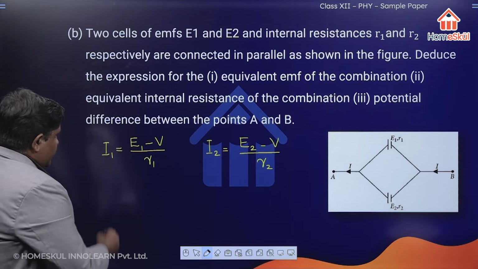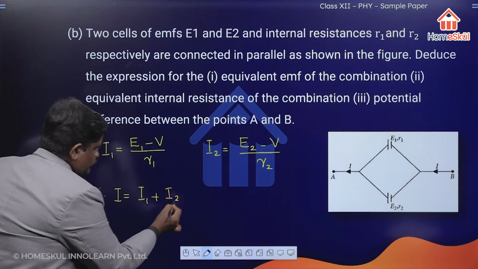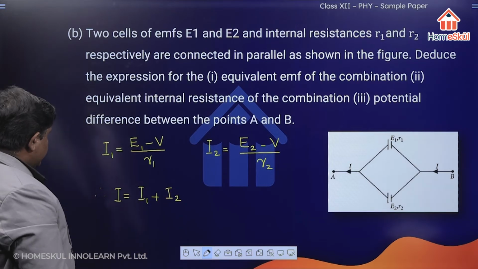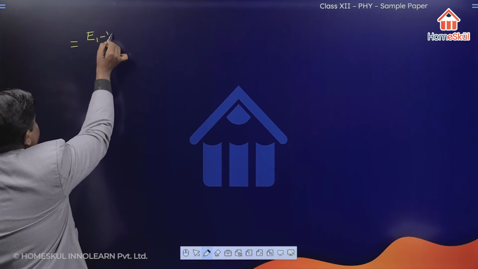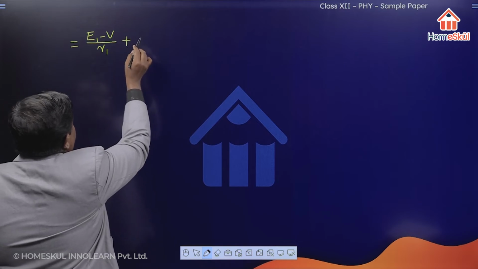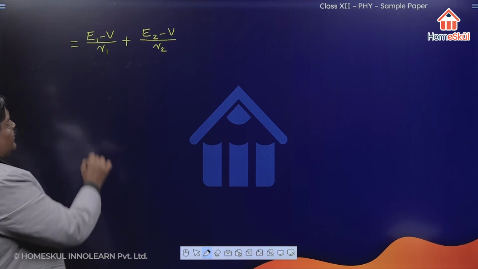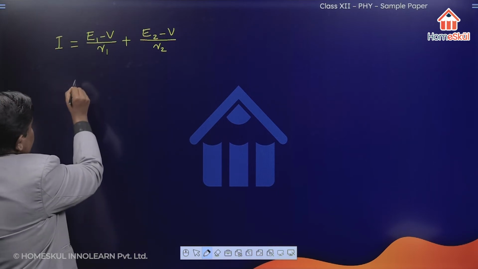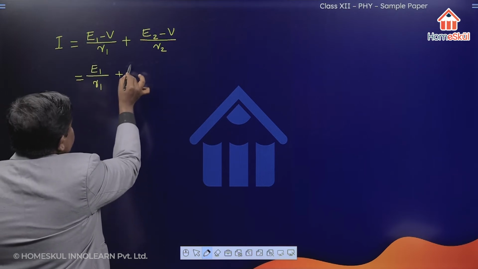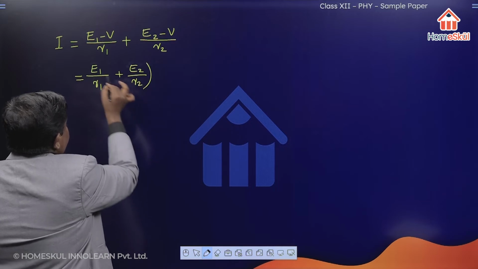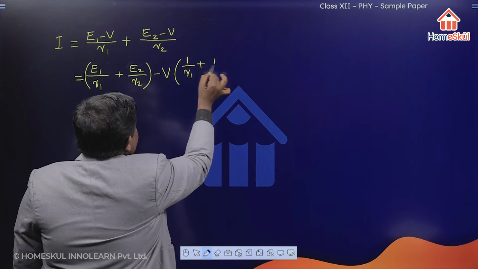Now the total current I is equal to I1 plus I2, isn't it? Therefore I is equal to (E1 minus V) by r1 plus (E2 minus V) by r2, which is equal to E1 by r1 plus E2 by r2 minus V into (1 by r1 plus 1 by r2).